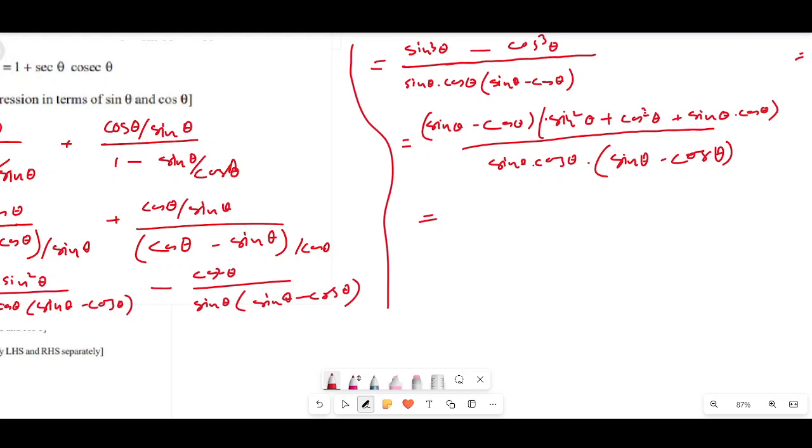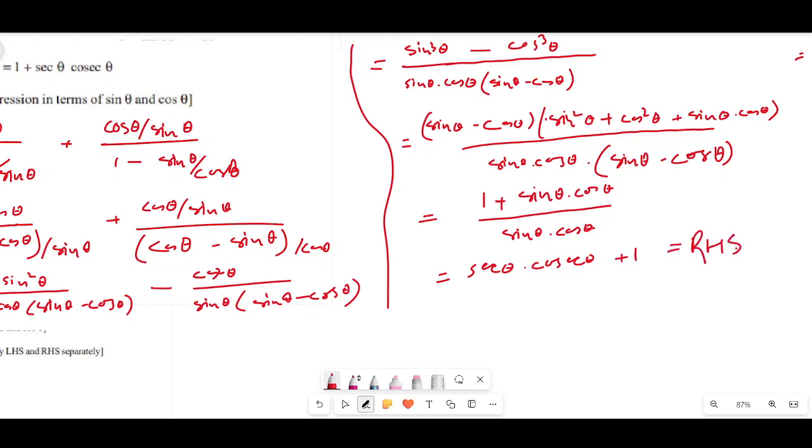Sin square theta plus cos square theta is taken as 1, plus sin theta into cos theta. Clear? Now this will be cancelled out, and if we reverse it, then we can write sec theta into cosec theta plus 1, that is the right hand side.